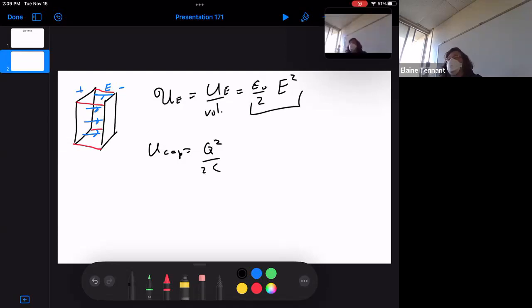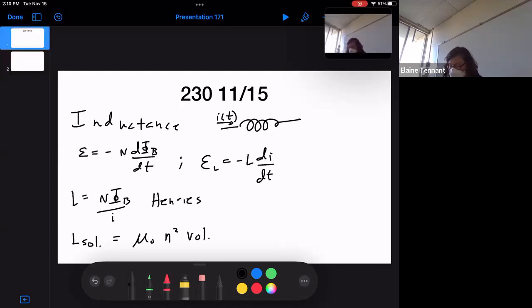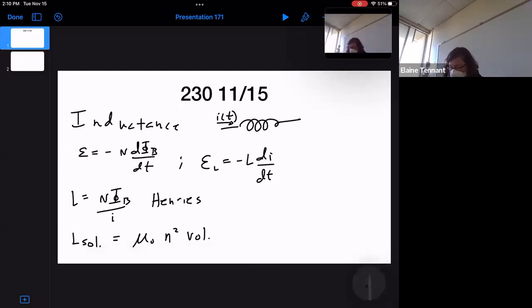We're going to go through the same process for a magnetic field. And we're going to use solenoids to talk about it because we know how a solenoid makes a magnetic field.